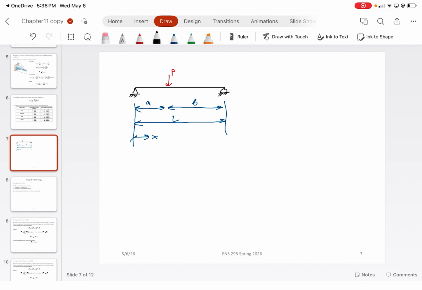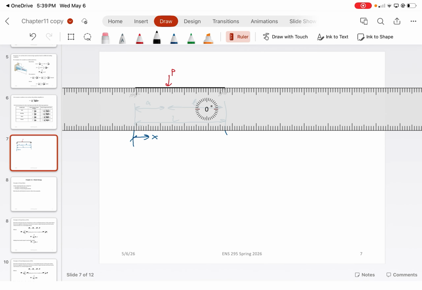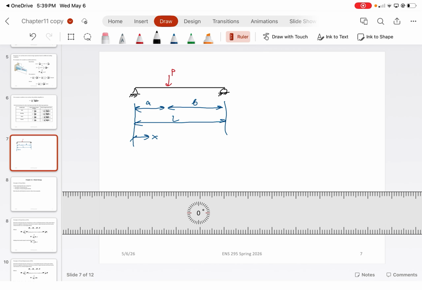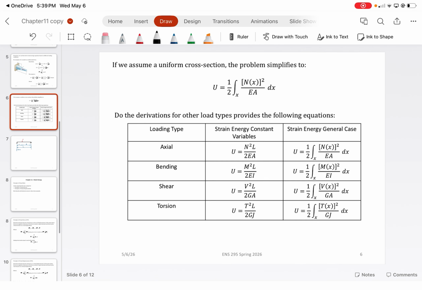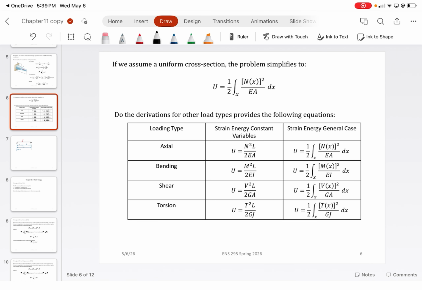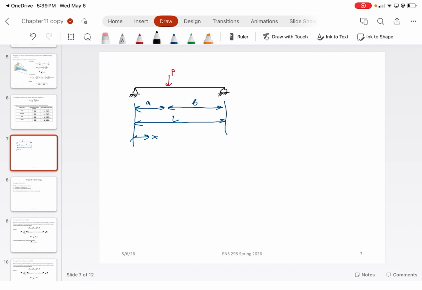All right? So the first step to solving this problem would ultimately be to understand which strain energy equation we want to use. For this type of loading, which strain energy equation do you guys think we should be using? Bending. General case of bending. All right.